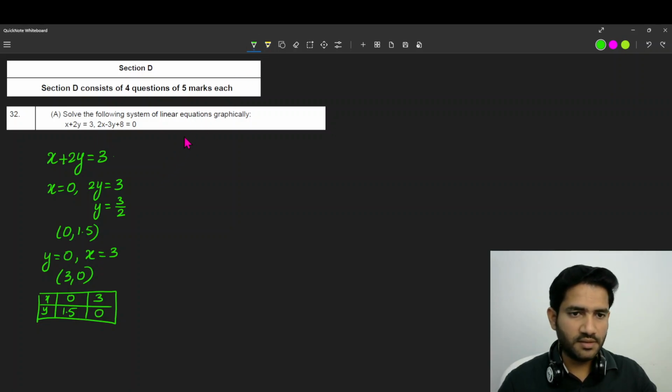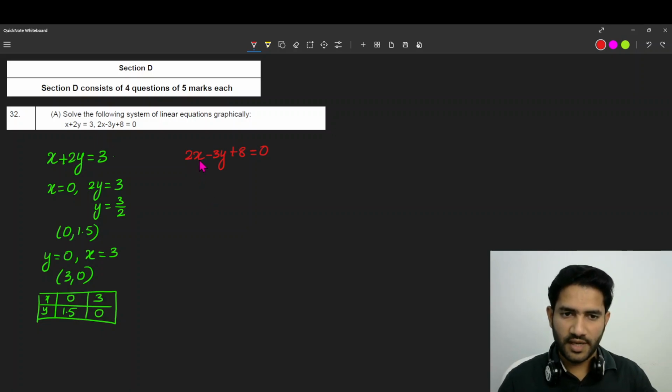Again, consider the second equation. The second equation is 2x minus 3y plus 8 equal to 0. Here we can consider x equal to 0.